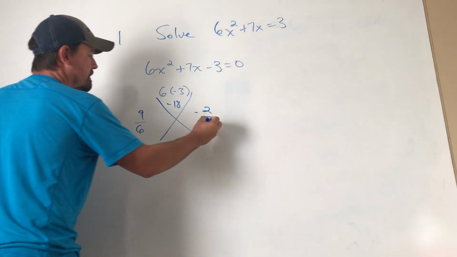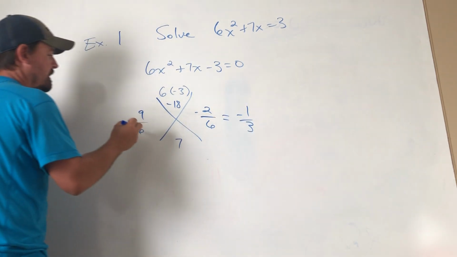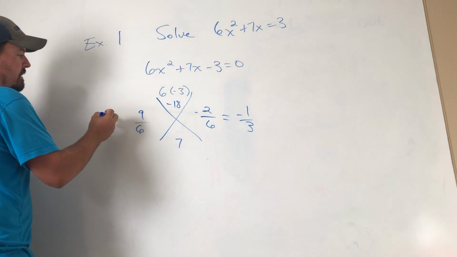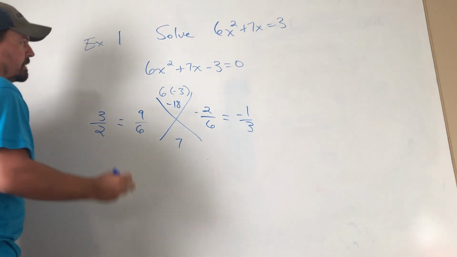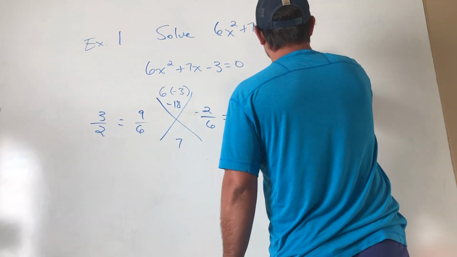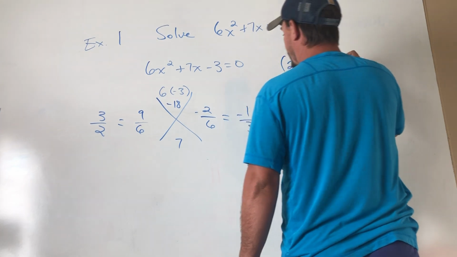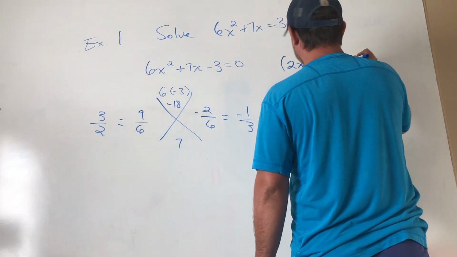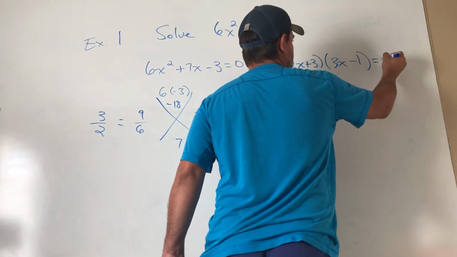A here is 6, and then we have to simplify. So I get negative 1/3, and here I get, let's see, that would be 3 over 2. So if I factored this, it would look like 2x plus 3 times 3x minus 1. Okay, and that equals 0.